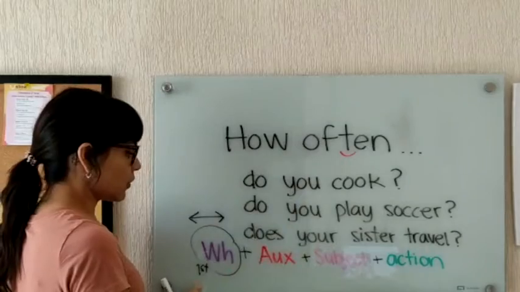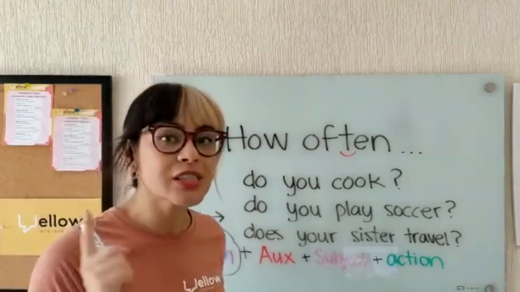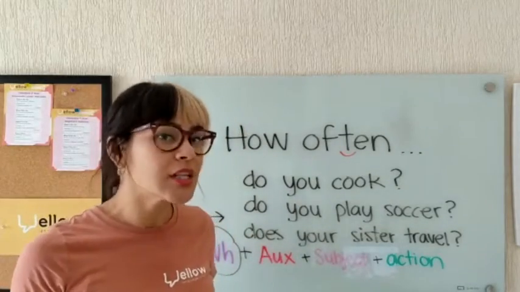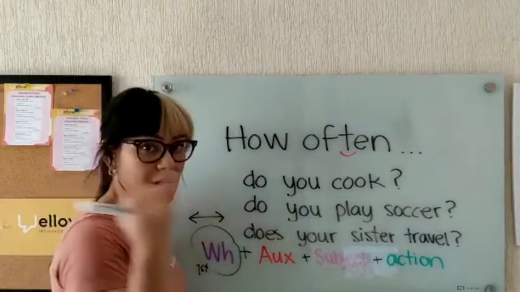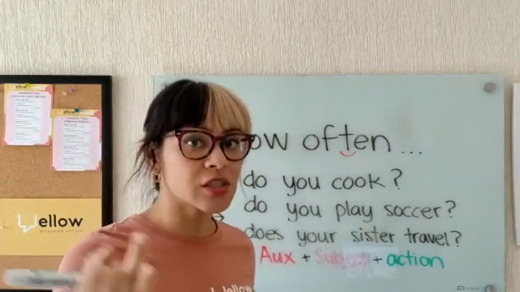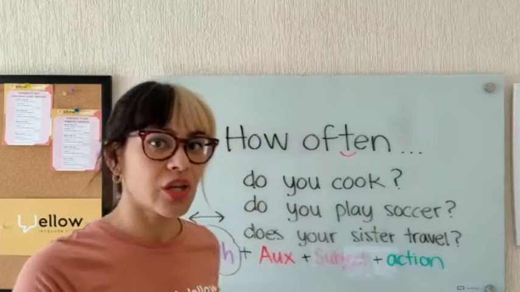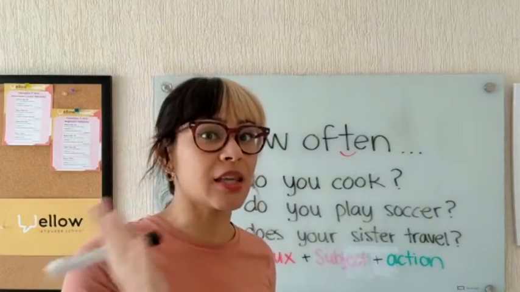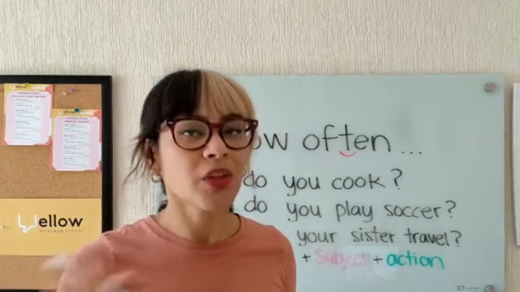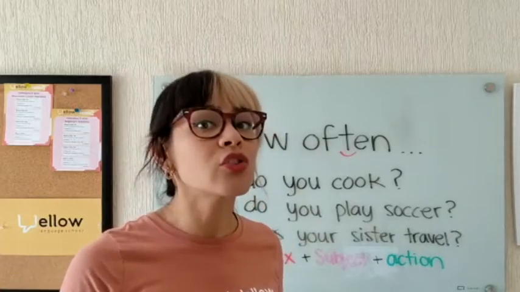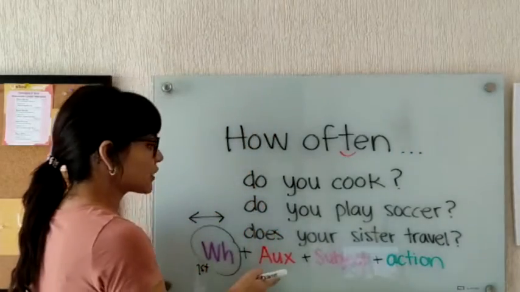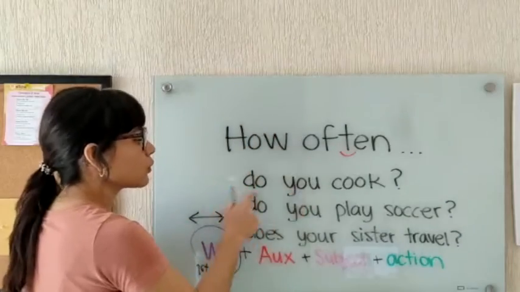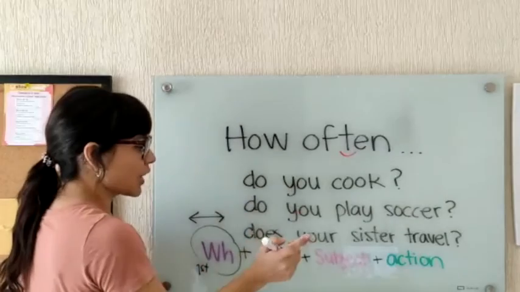So after the WH word, we're going to need the auxiliary. What is an auxiliary? Well, we need auxiliaries for negatives, for questions, and for short answers. Remember that for simple present, it can be do or it can be does. It depends on who you are talking about. Auxiliary for you will be do, right?